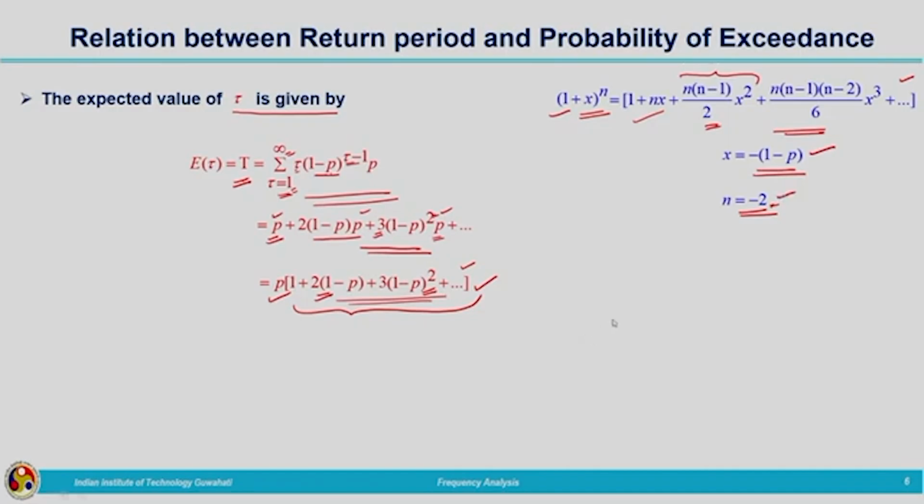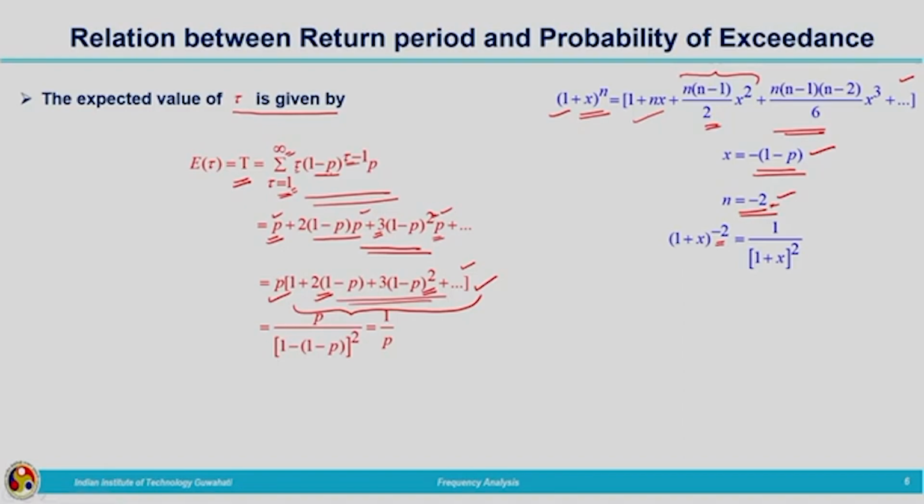Now, in 1 plus x to the power of n, we can substitute the values of n and x. 1 plus x to the power of minus 2 is equal to 1 divided by (1 plus x) to the power of 2. Here n is minus 2, so 1 plus x to the power of minus 2 is 1 by (1 plus x) square. That way we can write this series.